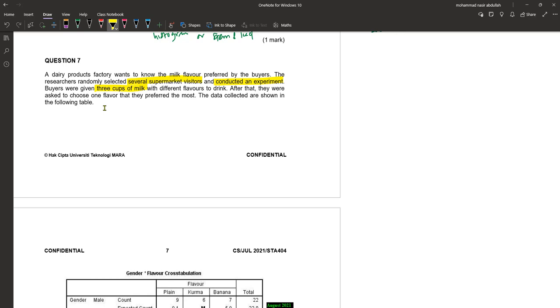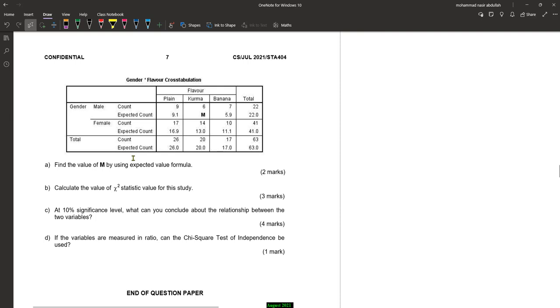After that, they were asked to choose the one flavor that they preferred the most. The data collected is shown in the following table. So this is the table. It is a 2 by 3 table. We have gender, male and female, and flavor: plain, kurma and banana.